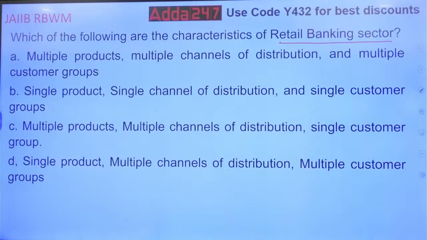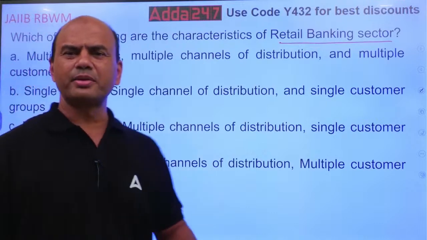Single product, single channel of distribution, single customer group. Multiple products, multiple channels of distribution, single customer group. Single product, multiple channels of distribution, multiple customer groups. Think about it. Simple one. Okay type question. It is everything multiple. Everything.